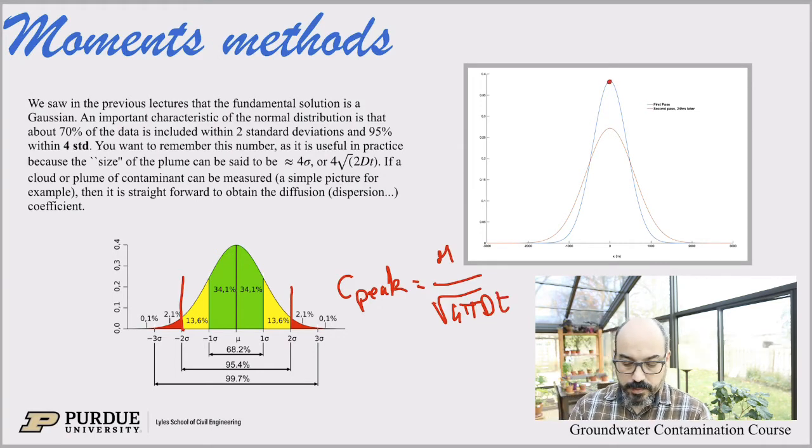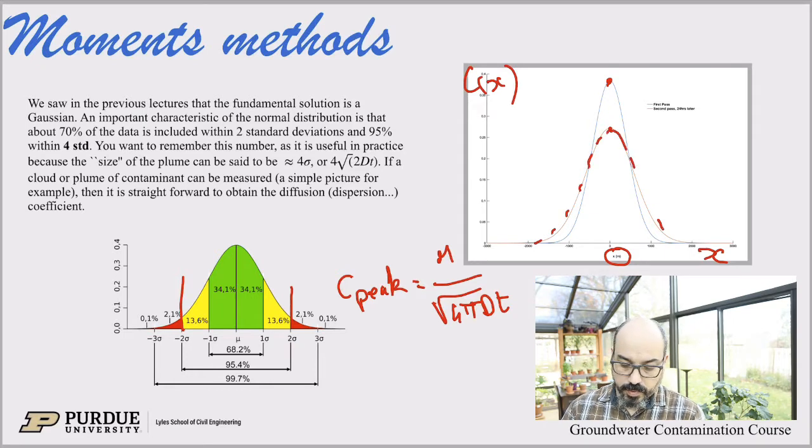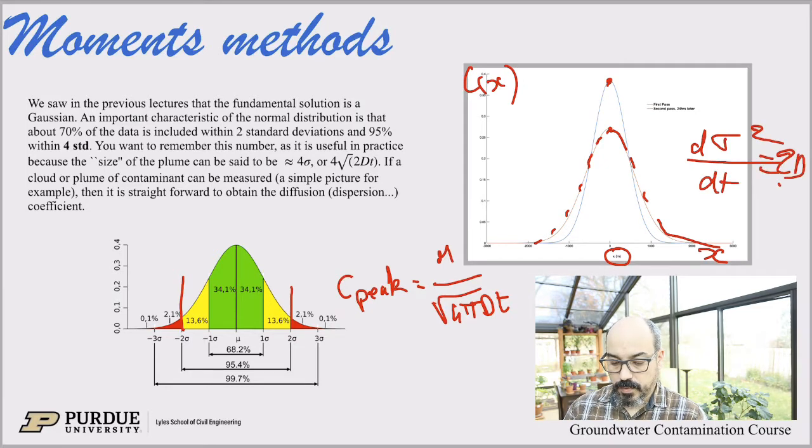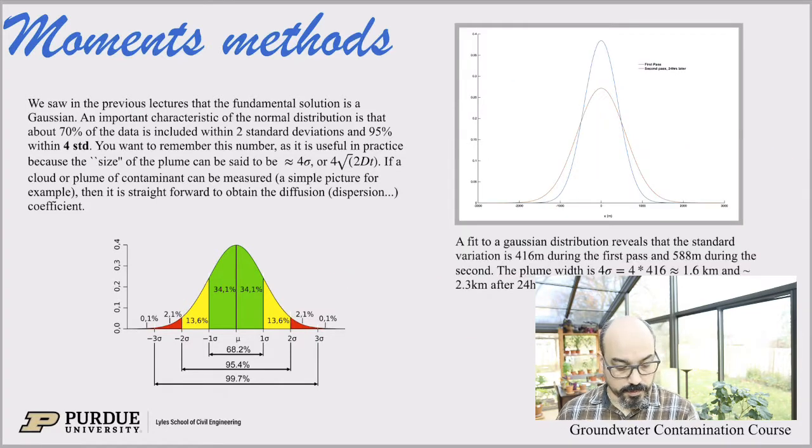And I also mentioned before that if we have pulses, or if we have data at 2 different times, so here, for example, this is space, x, and this is concentration as a function of x, but we have 2 different times, so we can see that d sigma squared dt equals 2D. So we can calculate the dispersion coefficient if we have that kind of data. Okay, so this was just a reminder of everything we've done so far.